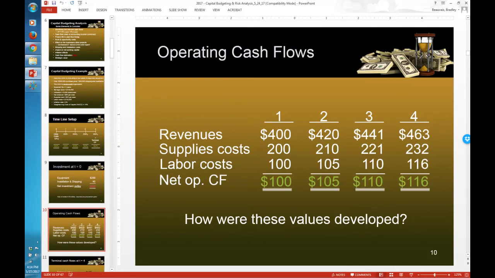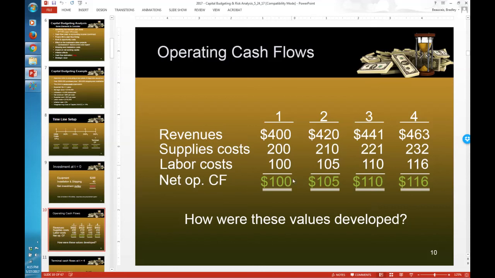From an operating cash flow standpoint, we have our revenues: going back to the number of scans per year at $80 per scan, 5,000 times 80 allows us to start at $400,000. Supply costs, I believe, were $40 per scan at 5,000 per year, so that's our $200,000.